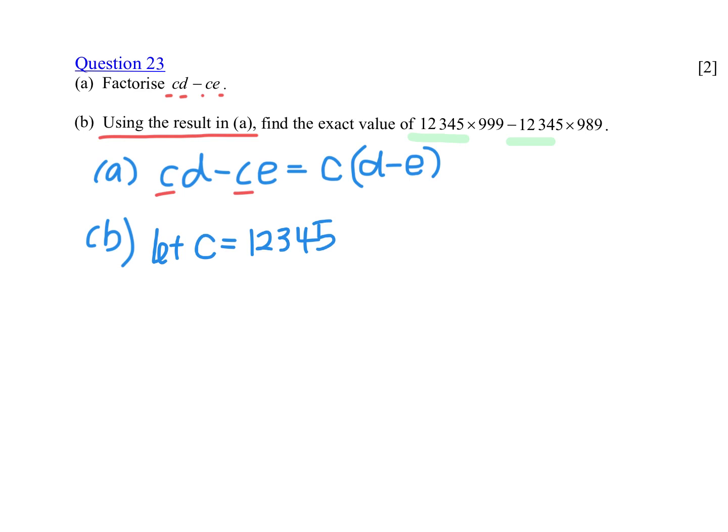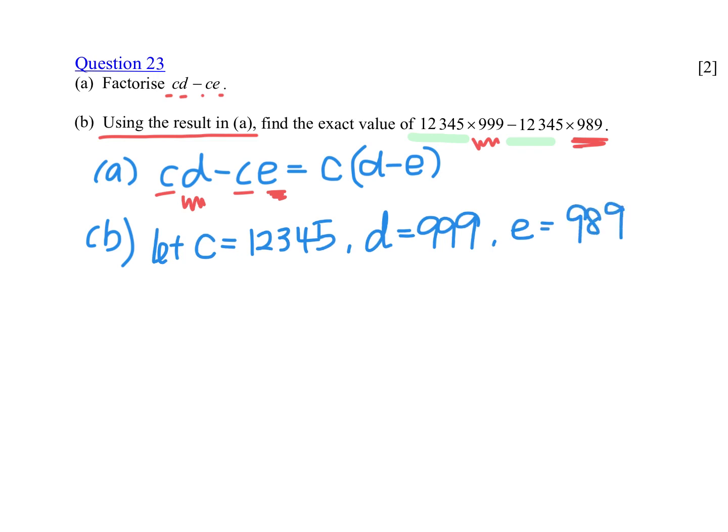D will be the number 999, and E will be the number 989. So in this case, I'm going to let C be 12345, D be equal to 999, and E will now be 989.